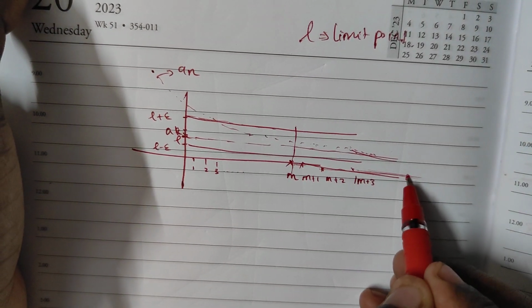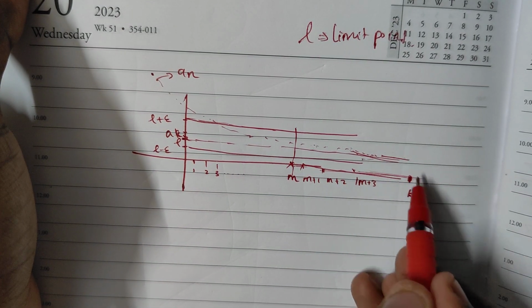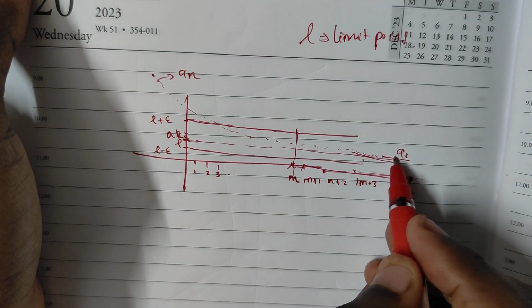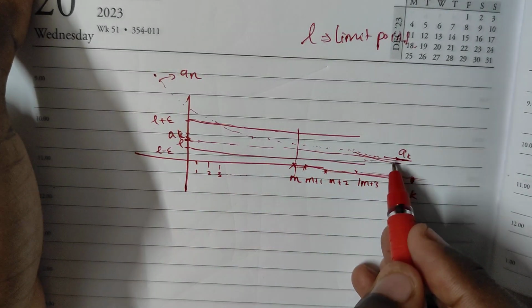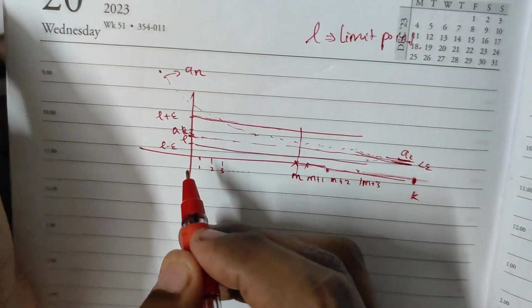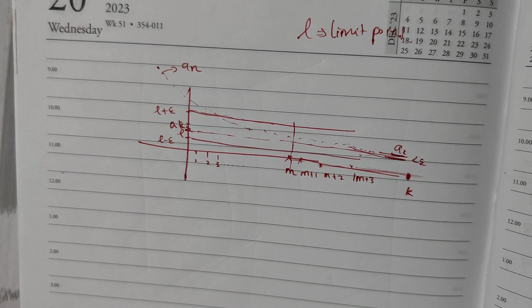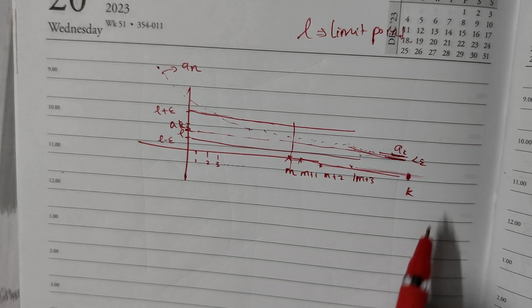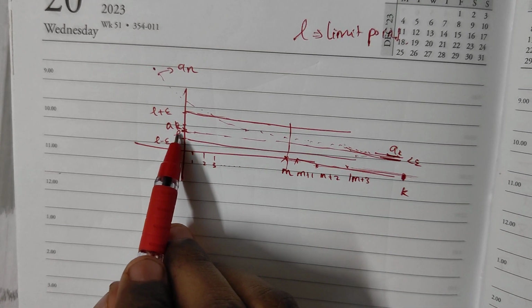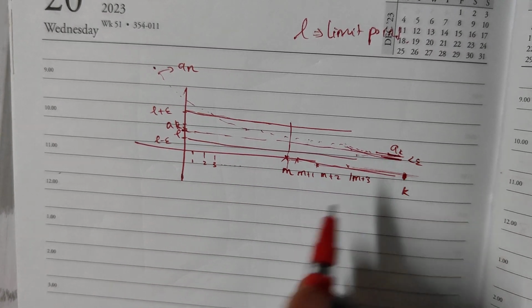So at this point the sequence an will become ak. The distance between ak and L is less than epsilon. Epsilon itself is a very small quantity, I told you, right? We have to see it in a microscope. After one particular point, after the point ak, the distance between ak and L will be less than epsilon.